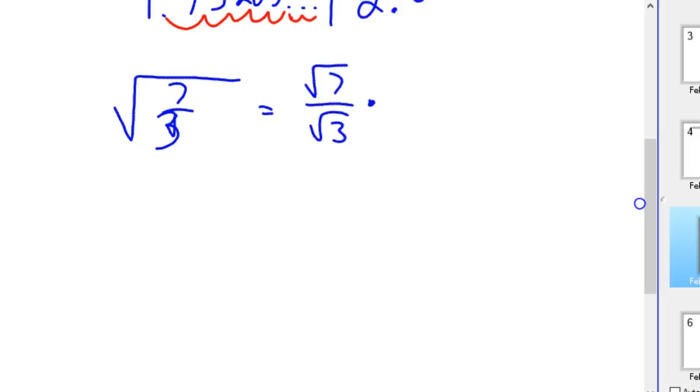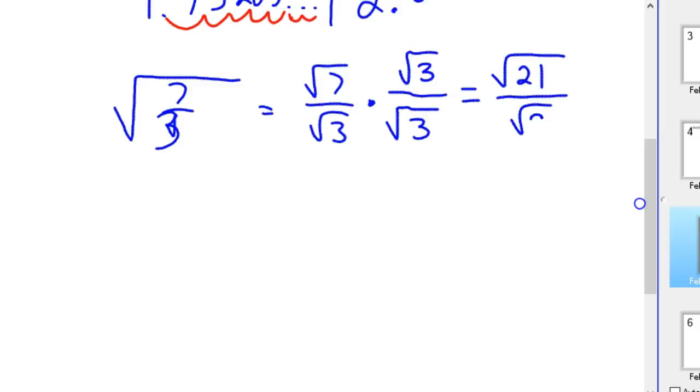We're going to multiply this by a really fancy 1 so that it doesn't change the number, because anything times 1 is still the same number. So we take it times the square root of 3 over the square root of 3, which is 1. You end up with the square root of 21 over the square root of 9, and we know the square root of 9 is 3. So now the problem becomes the square root of 21 divided by 3.